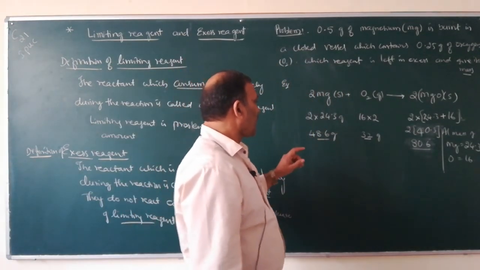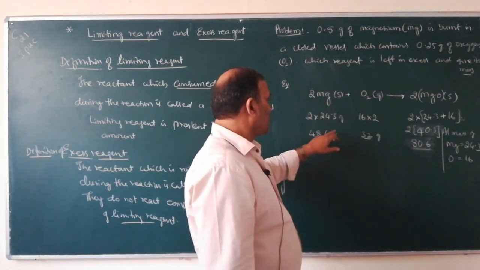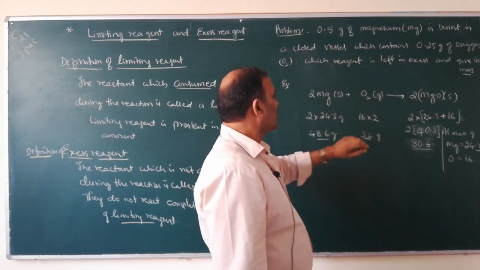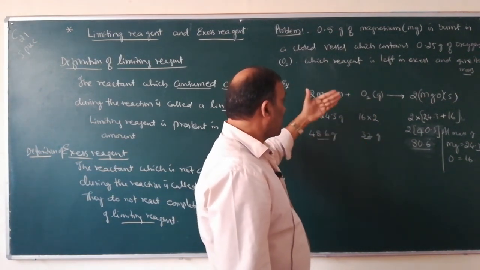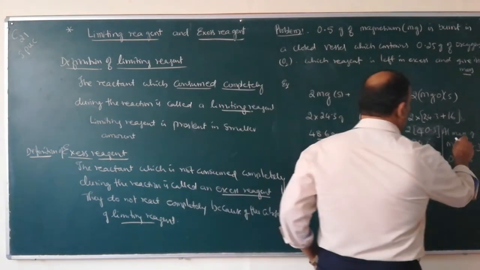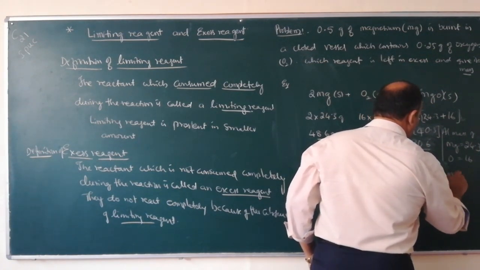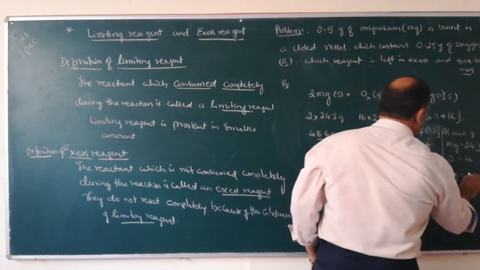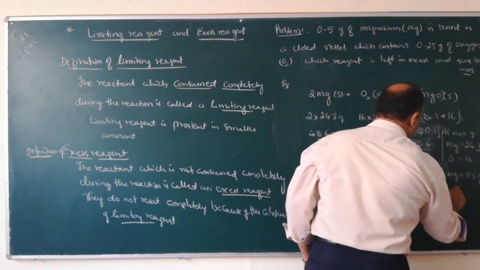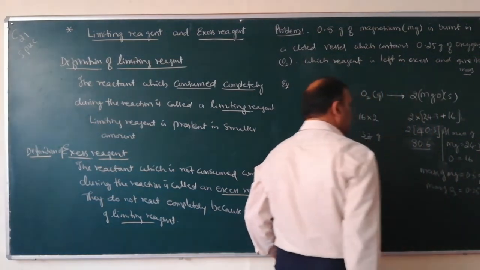So here 48.6 gram of magnesium reacts with 32 gram of oxygen according to this equation. But what is the amount of magnesium present here? Mass of magnesium equals 0.5 gram, and mass of oxygen equals 0.25 gram.